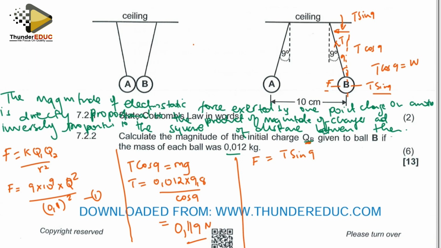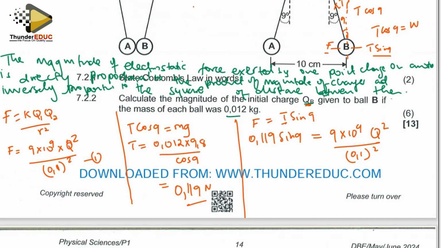So where I see F, I'm just going to replace it with that. So T, we already have the value, so 0.119 sine of 9 should equal 9 times 10 to the 9 Q squared divided by 0.1 squared. Multiply both sides by 0.1 squared divided by 9 times 10 to the 9. Okay, I need to get the value of Q squared alone.